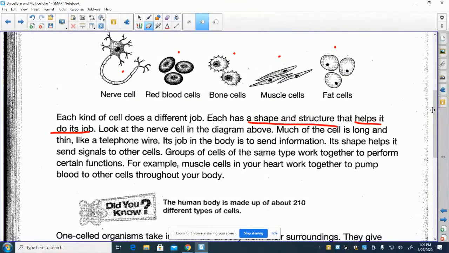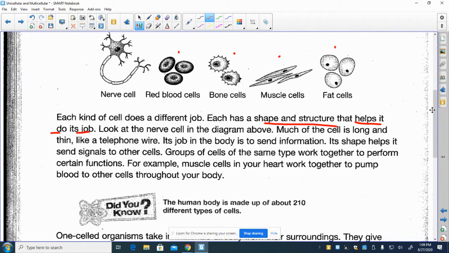Look at the nerve cell in the diagram above. Okay, that's right here. Much of the cell is long and thin, like a telephone wire. Okay, and you can see that most of these pieces here are very thin. Its job in the body is to send information.